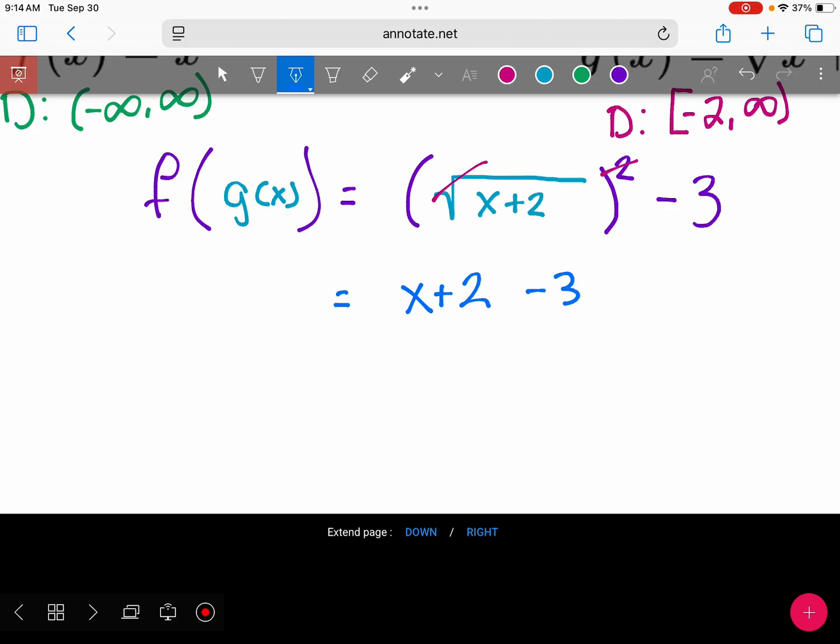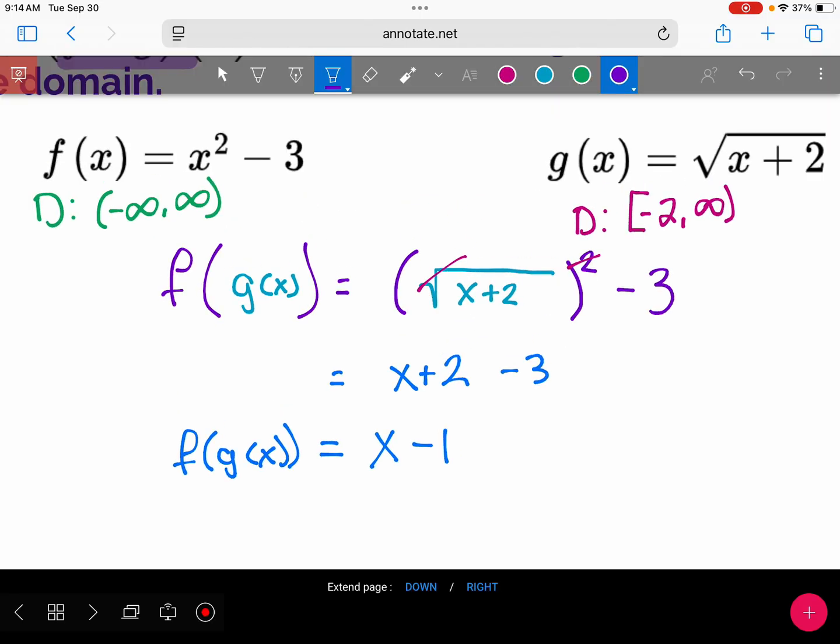So our f of g of x is going to equal what? x minus 1. So this is our composed function here.